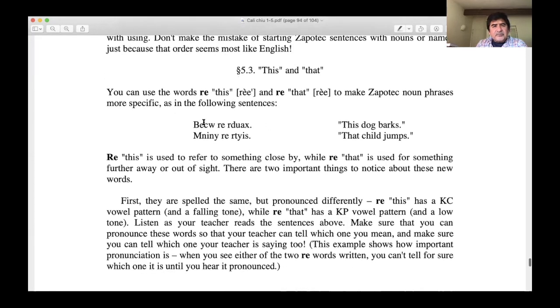So the way we use it, we're still using this focus sentence, right? So we have the this right here after the dog, like what dog is barking, or what dog barks? This dog barks.